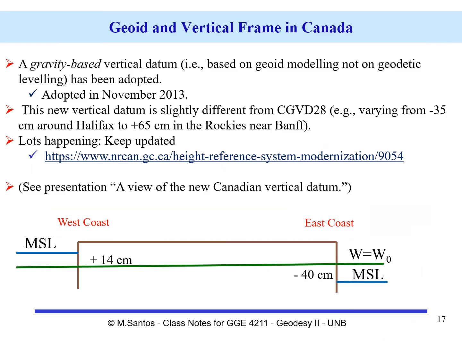So, the vertical frame in Canada is now a geoid. It's a gravity-based vertical datum. It differs from the old datum, the CGVD28. Okay, and if you look at this figure here, this diagram tries to represent the difference that we have in terms of mean sea level, and this is important.